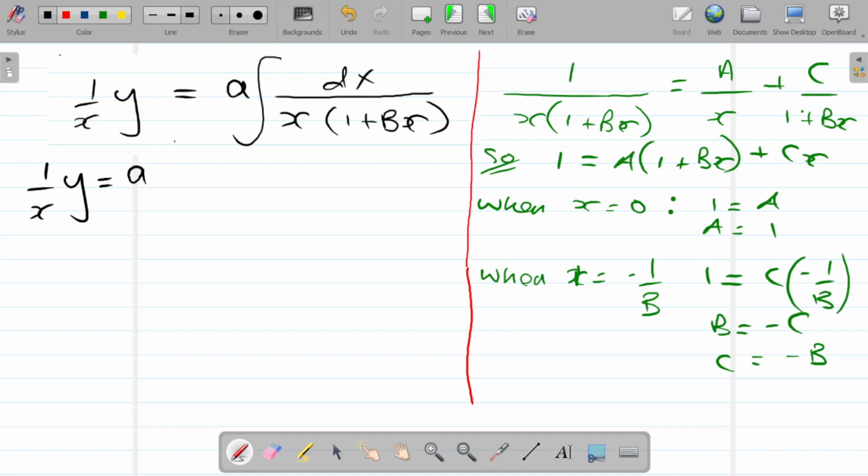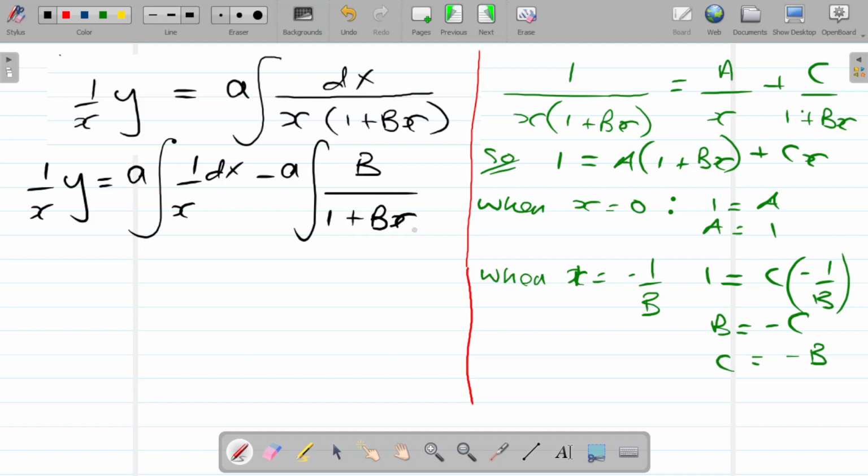So we've got a times the integral of 1 over x dx plus, well, actually it's going to be a minus sign, isn't it? So it's going to be minus a times the integral of b over 1 plus bx. Right.